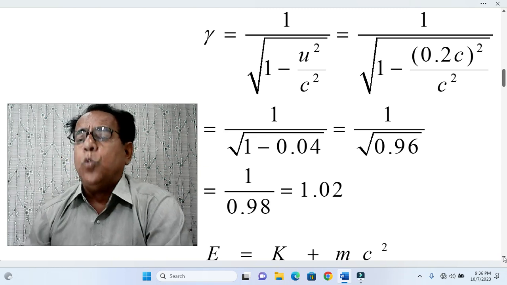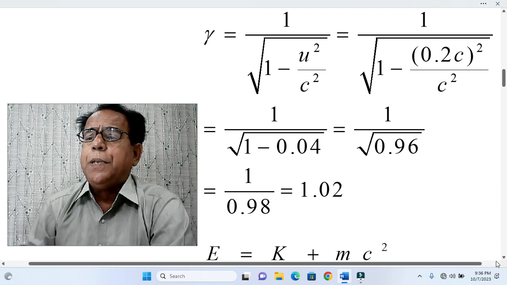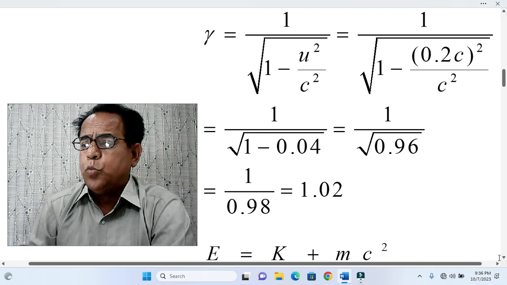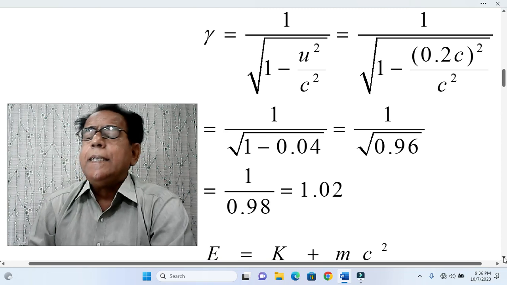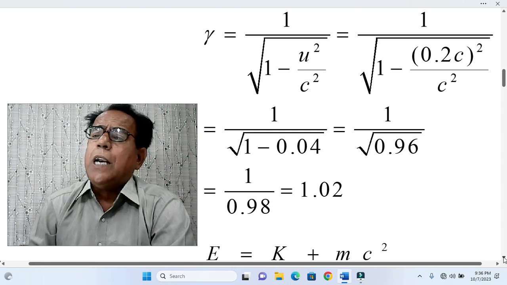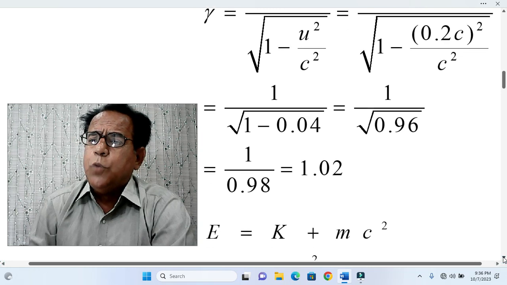Hence our Lorentz factor gamma has become 1.02. The benefit of this step is that in the next steps we will not need to find gamma again; we will directly put its value.